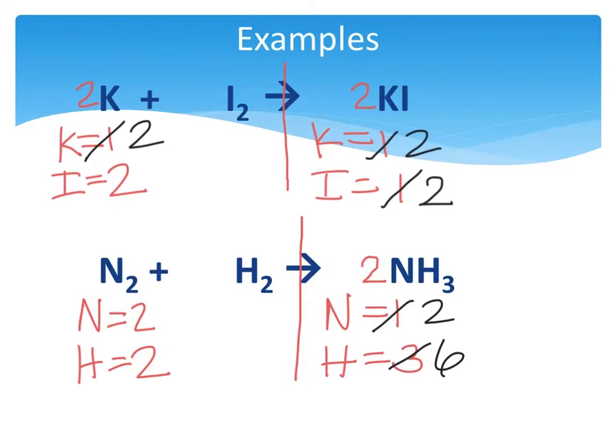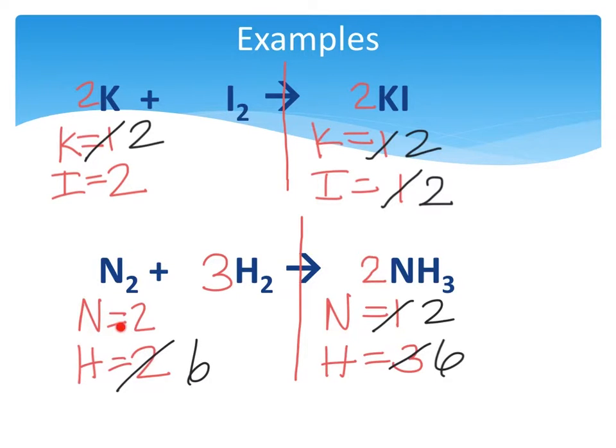All right, so now my nitrogens are balanced, but my hydrogens are not balanced. So I look at my hydrogen here, and I'm saying, well, what can I do to that to make that 6? And the easiest thing I can do is just to put a 3. Let me put a 3 right in the front. So now I'm going to change my thing again to that's 6. So let's see if everything's balanced now.